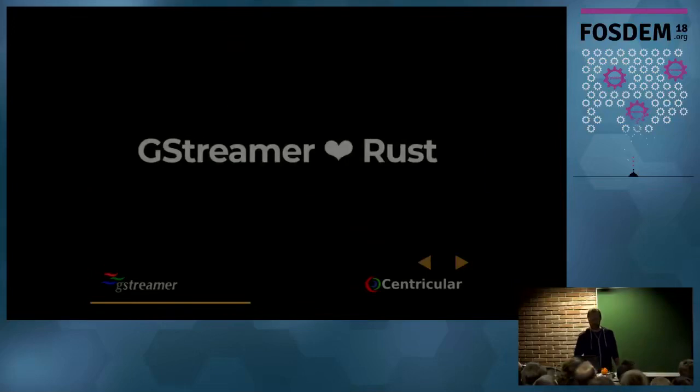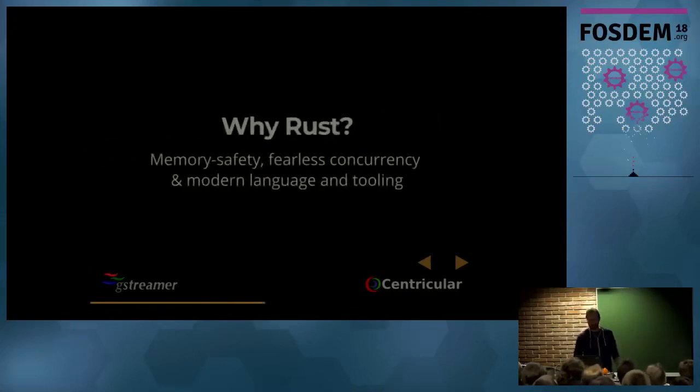So now let's talk a bit about Rust and why, for GStreamer, Rust is something like the perfect fit. Well, first of all, we have the usual suspects: the memory safety, the fearless concurrency, and that we have a modern language, not from the 70s anymore, and something that has modern tooling.